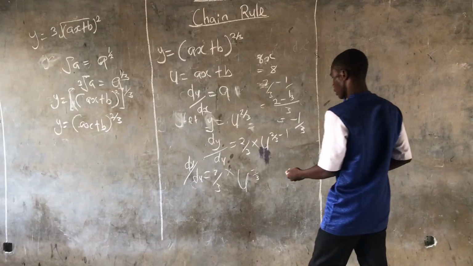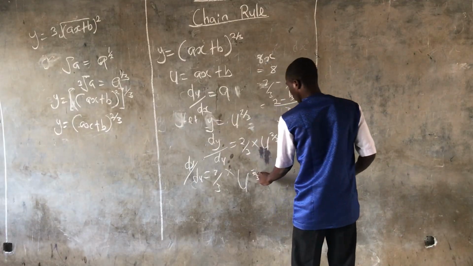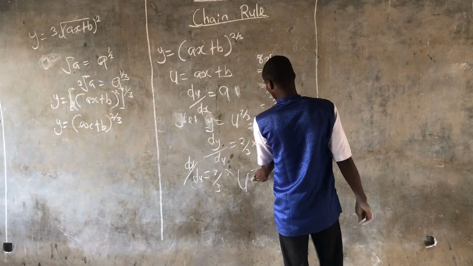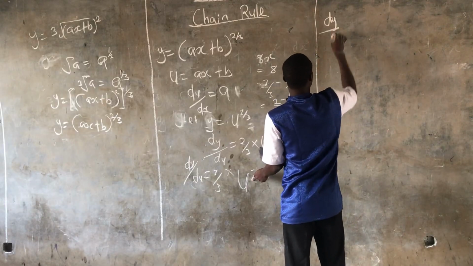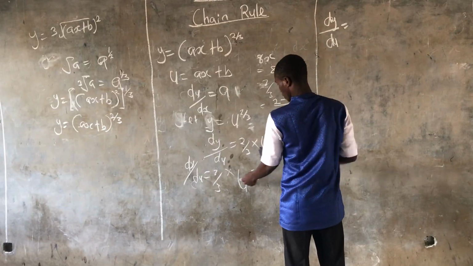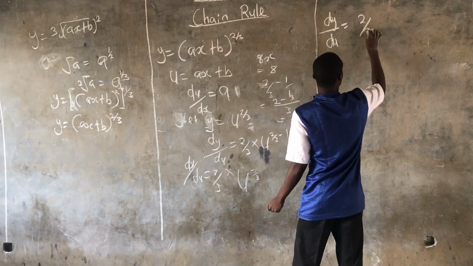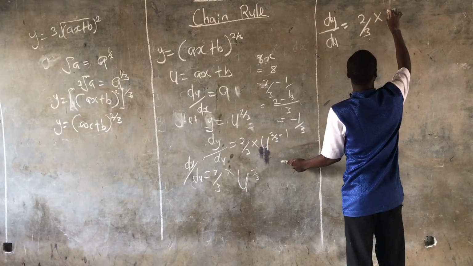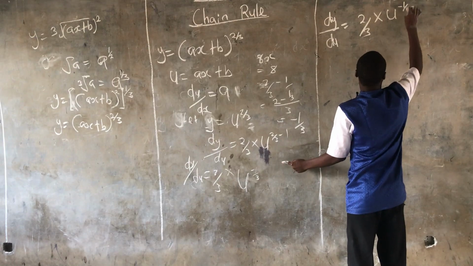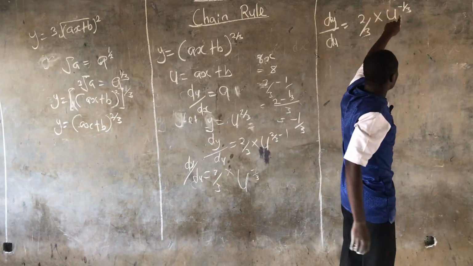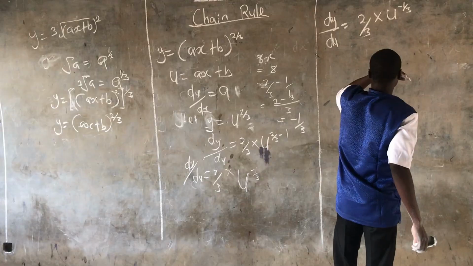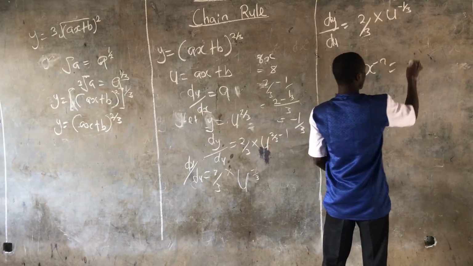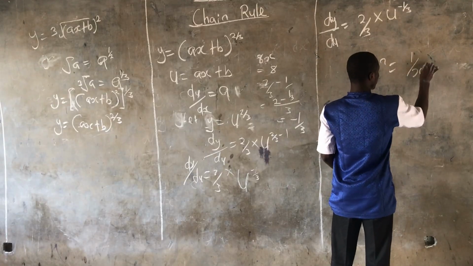Getting to this point, let's look at a way to eliminate this minus. We can eliminate this minus by using the law of indices. Given that dy over du is equal to 2 over 3 times u raised to the power minus 1 over 3, to get this minus eliminated, let's use the law of indices, which says x raised to the power minus n is the same as 1 over x raised to the power n.